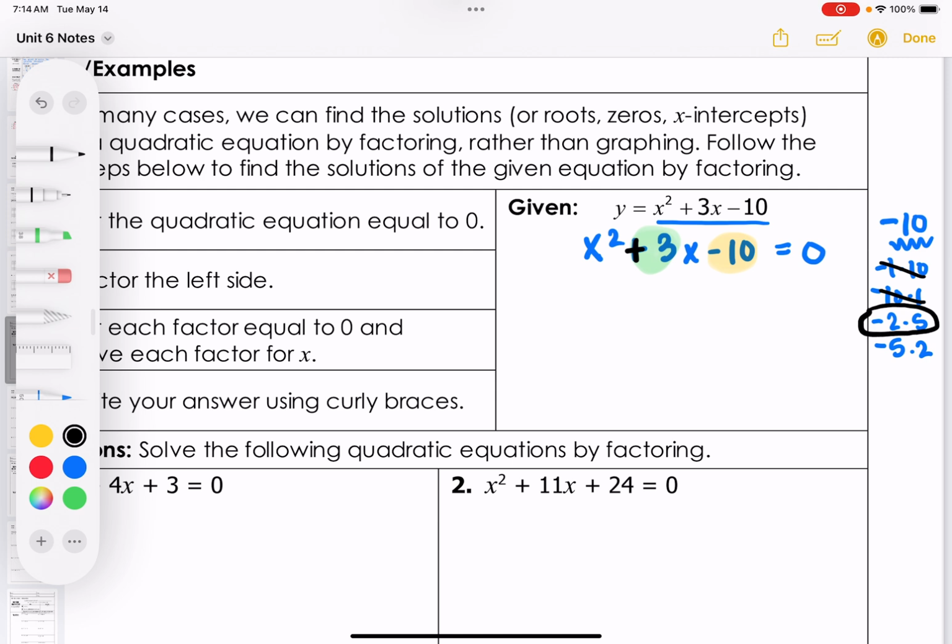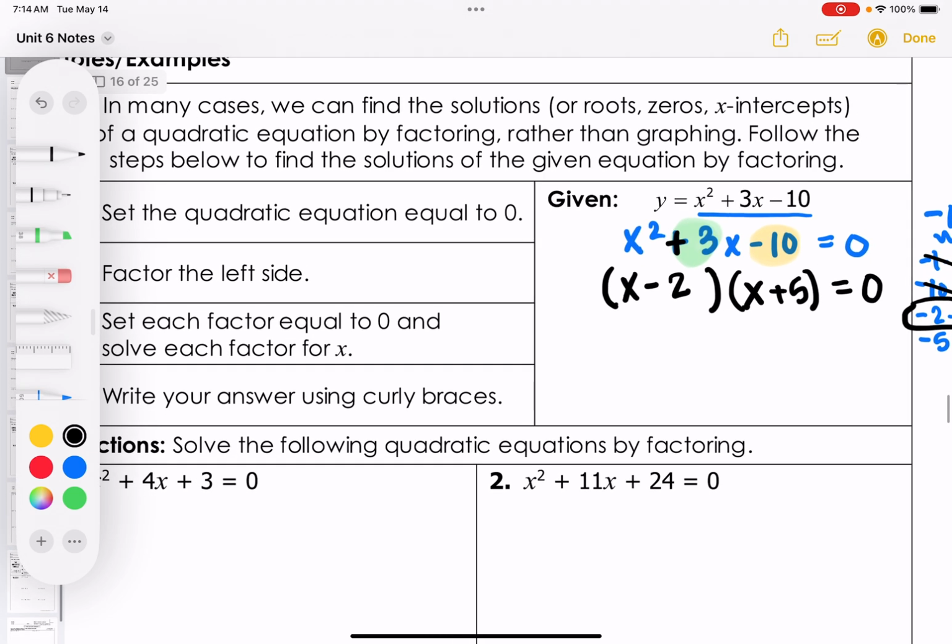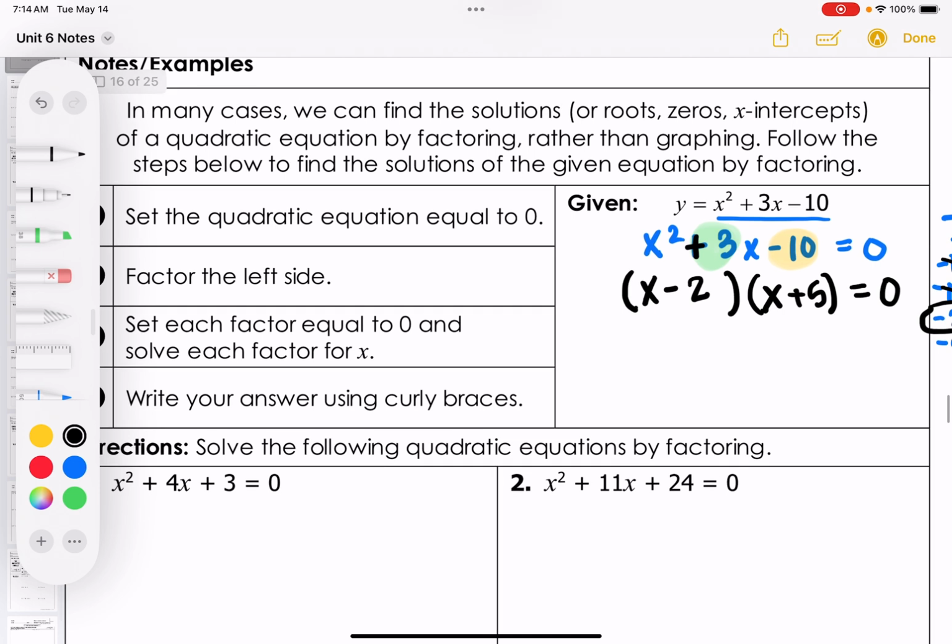Now that we've found our factors, I'm going to make 2 sets of parentheses. I'm going to put an x in each parentheses, and then put my factors with x, a negative 2 and a positive 5. That's how you factor a trinomial. Now we have to set each factor equal to 0 and solve for x.